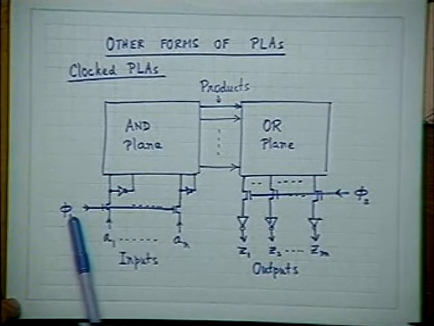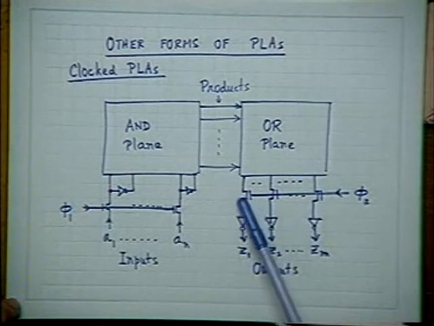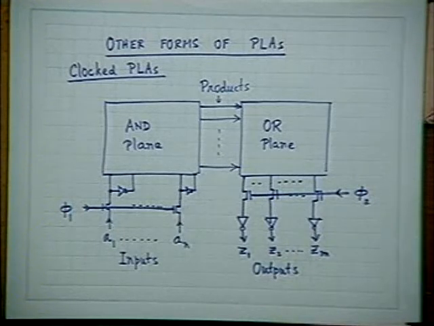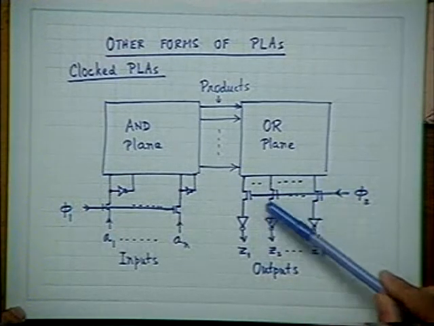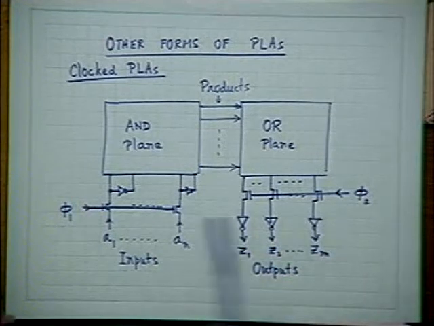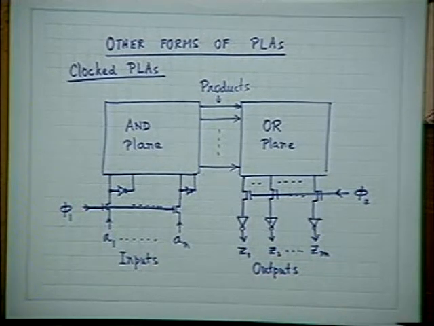The input signals are being fed via switches which are driven by the clock phi 1, whereas the outputs are taken via another set of switches driven by phi 2. The switch may be kept here or here, it does not matter. Phi 1 and phi 2 are two-phase non-overlapping clocks.